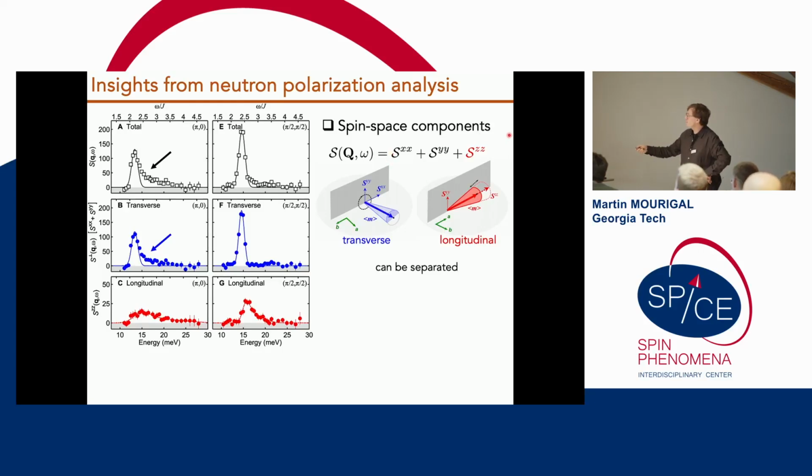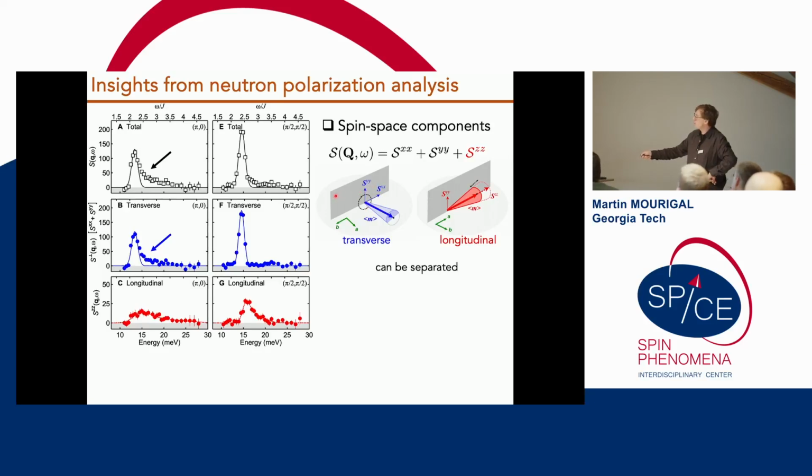The structure factor here contains, in this system, three components: XX, YY, and ZZ. There are components that are transverse to the ordered moment, and one component that is longitudinal with respect to the ordered moment.